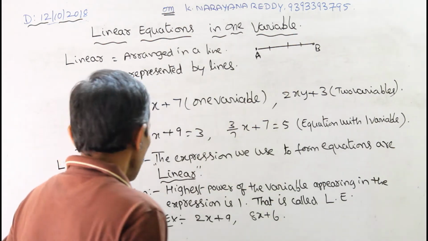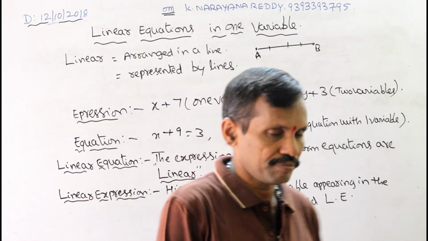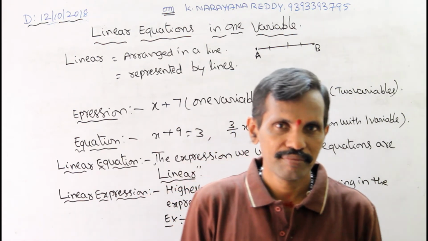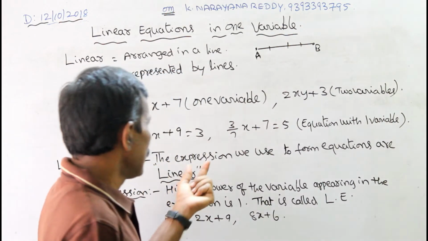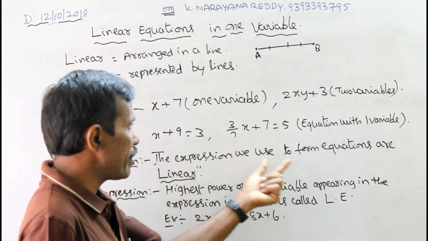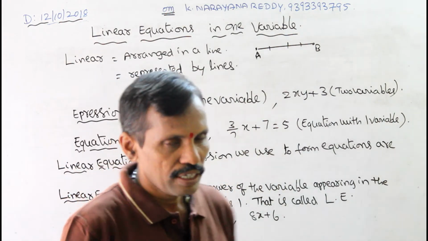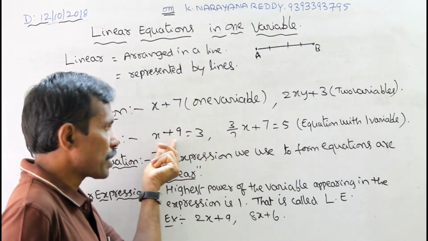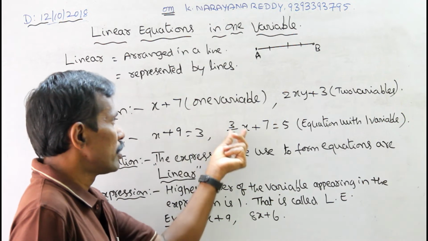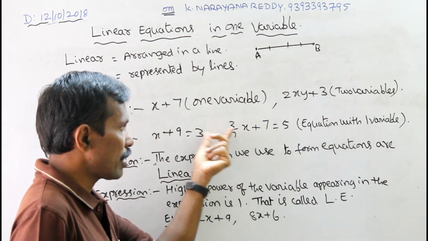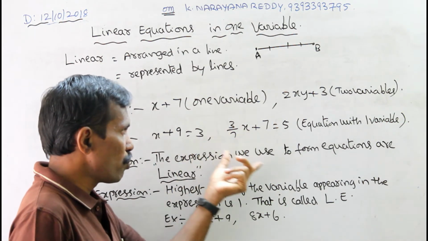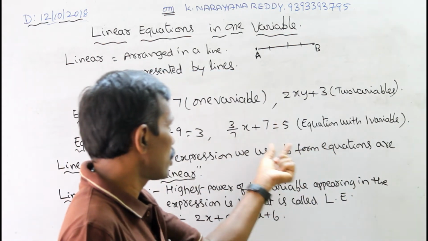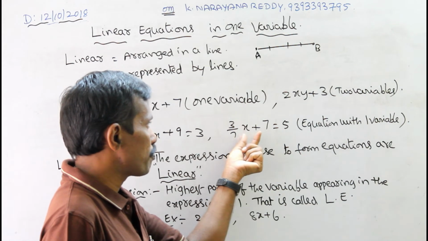Next one is linear equation. What is linear equation? The expressions we use to form equations are linear. What are expressions? These are the expressions: x plus y, x plus 9, 3 by 7 x plus 7. The expressions we use to form equations. To form equations means what? This equation: 3 by 7 x plus 7 equals 5.